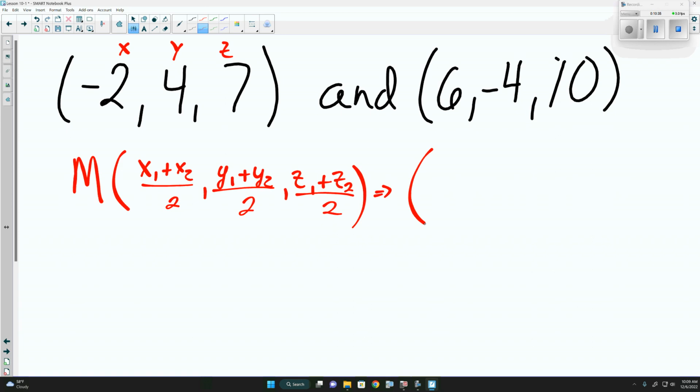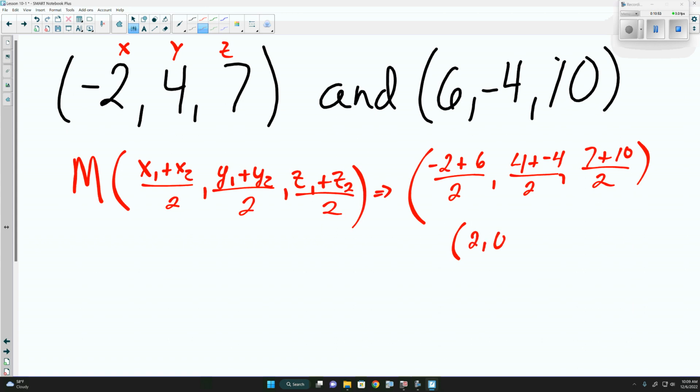So for this problem, if we wanted to find the midpoint, we can say negative 2 plus 6 divided by 2, comma, 4 plus negative 4 divided by 2, and 7 plus 10 divided by 2, which is 17 over 2, so 8.5.